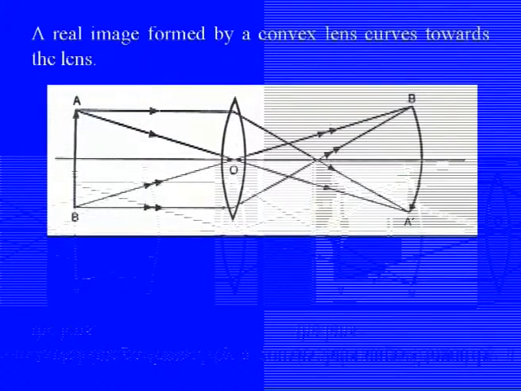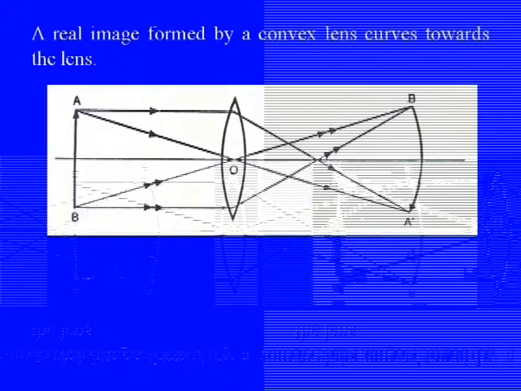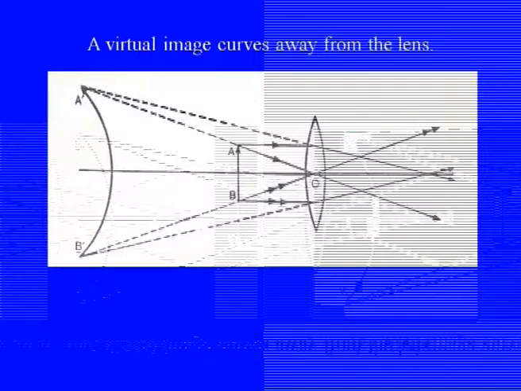You see, a real image formed by a convex lens curves towards the lens. The points A and B are nearer the lens. For the case of a virtual image, which is formed at a distance larger than that of the object, A prime and B prime are curved away from the lens.